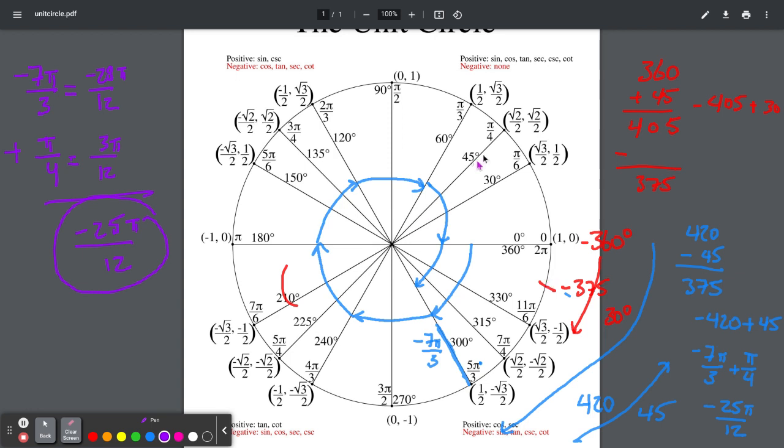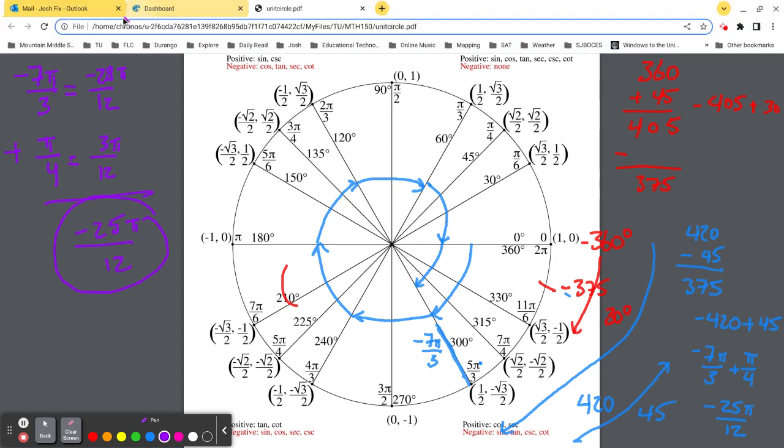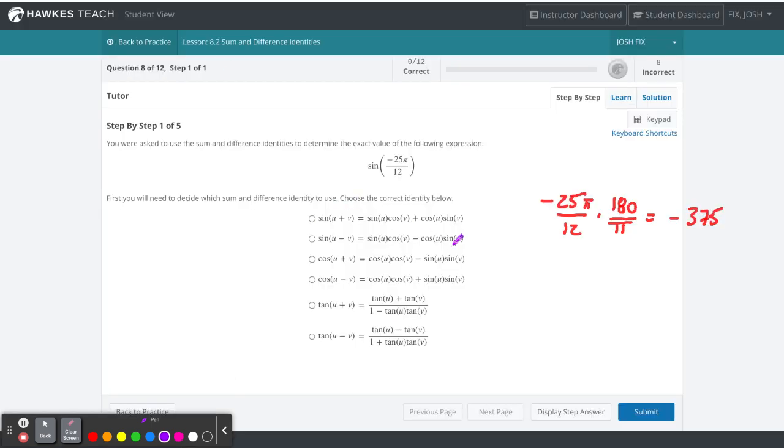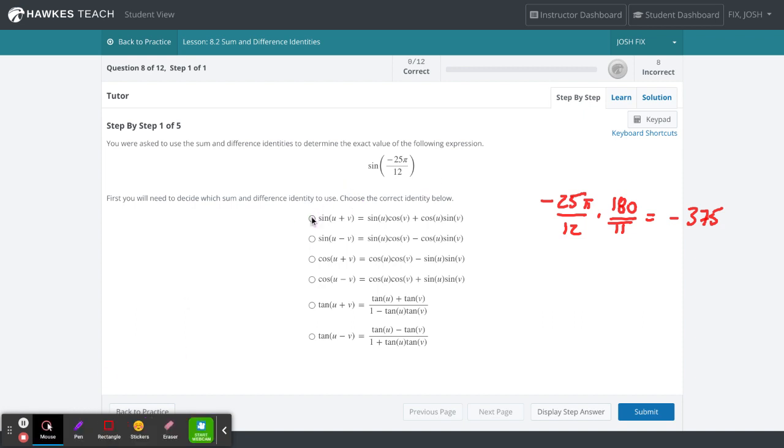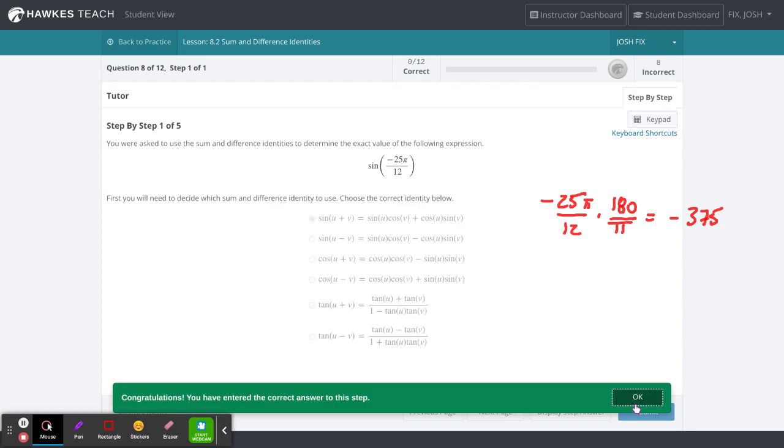And so two possible answers would be here in red or in blue. I'm going to work the problem with the one in blue. At this point, I basically know that I'm going to be able to add a positive and a negative, and so I'm going to choose this one. Hit submit.